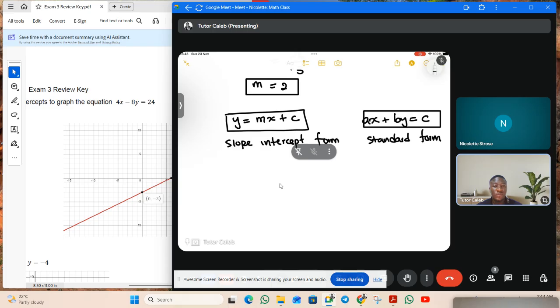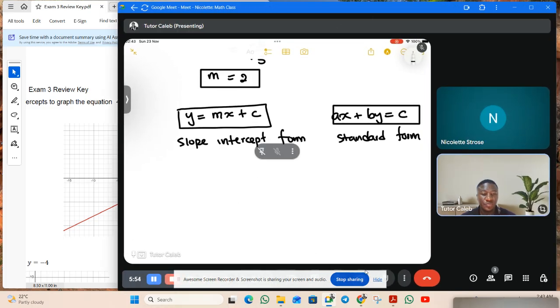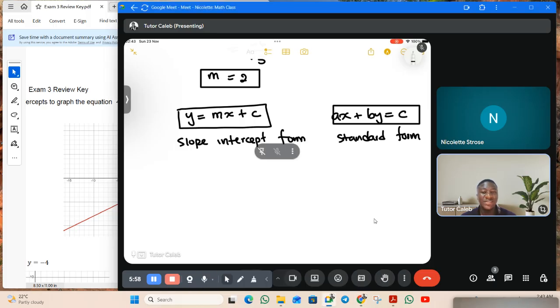Now, in today's lesson, what I want to do is teach you how to find the intercept of a line from the equation of a line. They can give you an equation either in this form or in this form, and ask you to find the intercept of the line. It could be an x-intercept or the y-intercept.